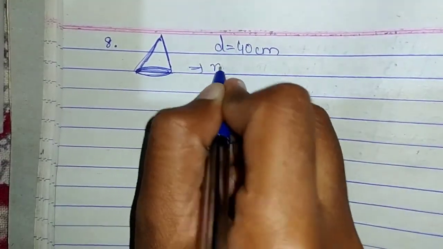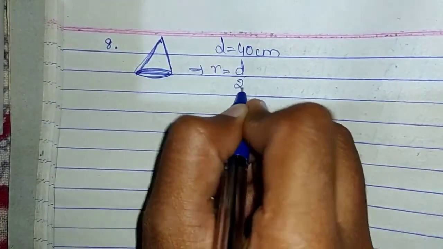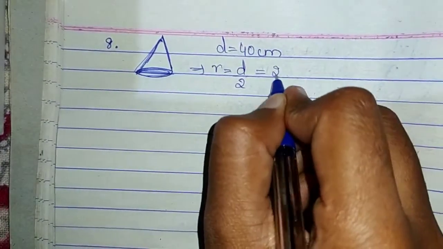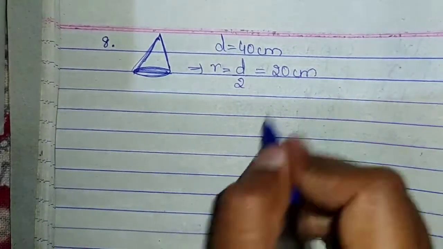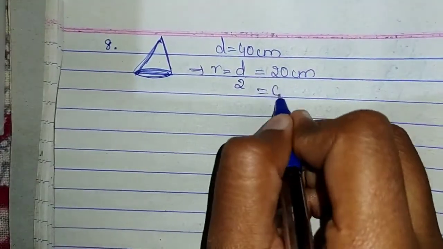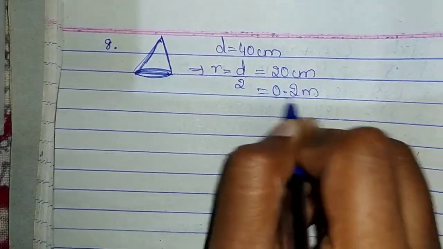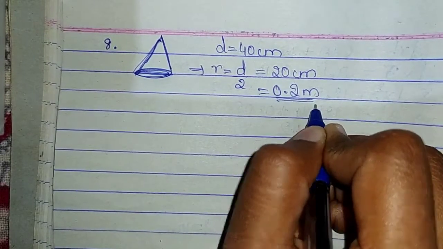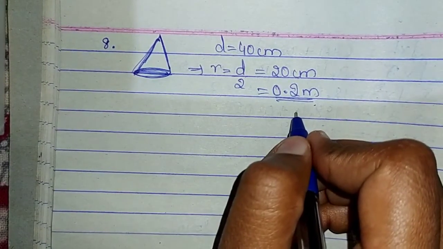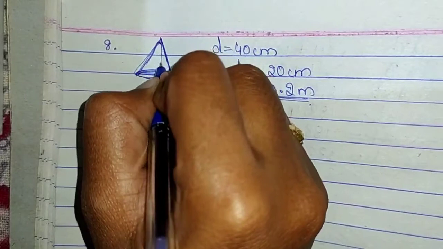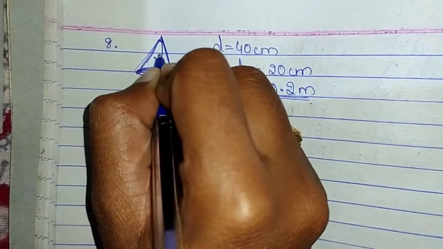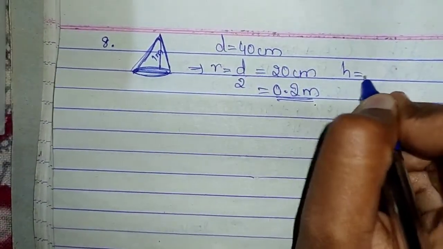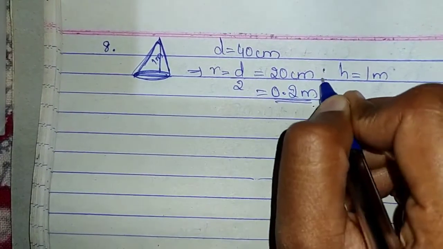So this implies radius is equal to D by 2, which is equal to 20 centimeters. And in terms of meters, this is equal to 0.2 meters. This is the radius. And also they have told us that the height of these cones, this height H is 1 meter. So H is equal to 1 meter.